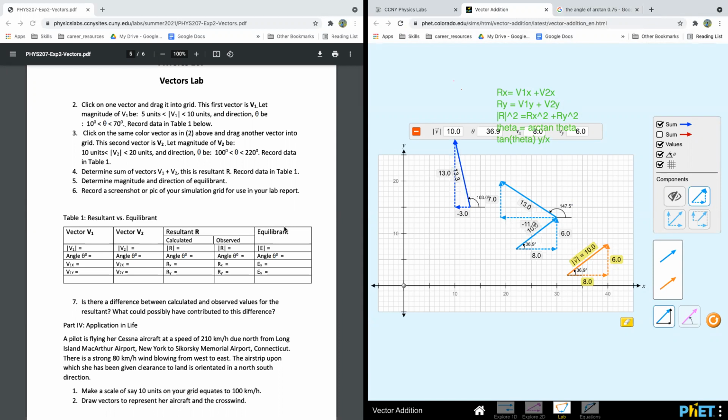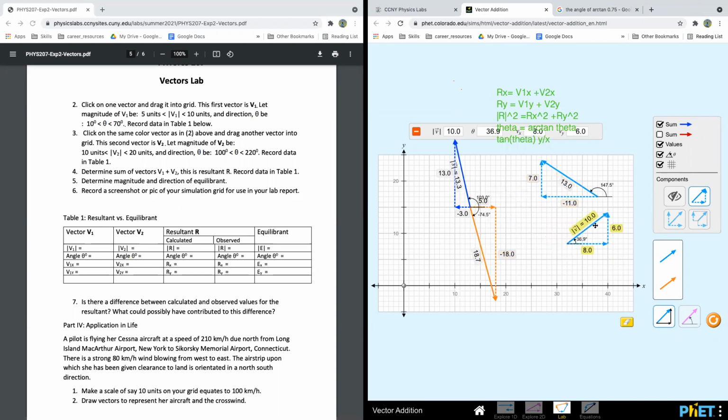Equilibrium is basically the opposite of the resultant. This is already the resultant they calculate for you. You can use this one to show the exact. This one is 103, and this one should be 77, I mean, the absolute angle is 77.